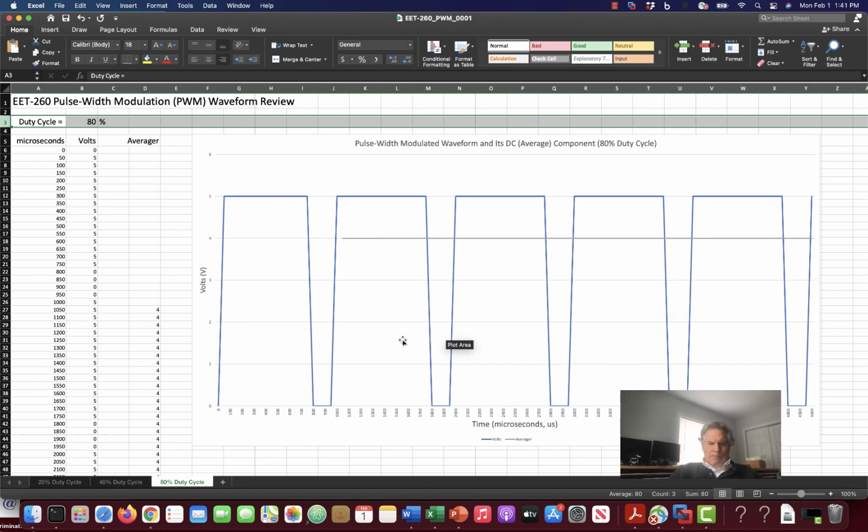And so you need a low pass filter to knock out any high frequency stuff. And what that low pass filter will do, if it's efficient, is it doesn't reject the energy. It stores and releases the energy in a way that results in this very close to flatline DC value.